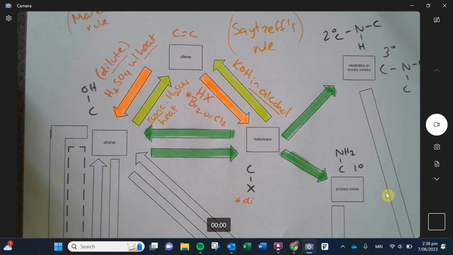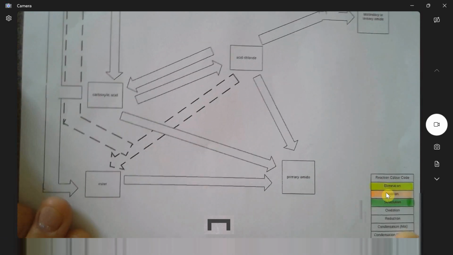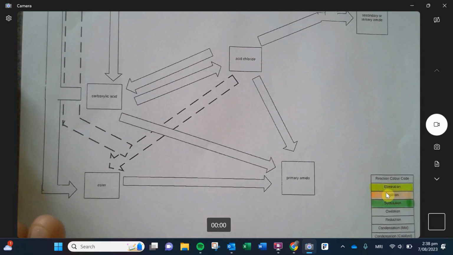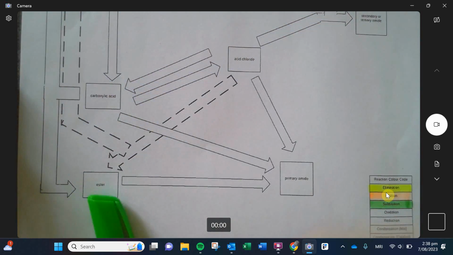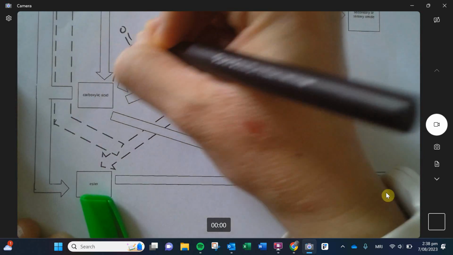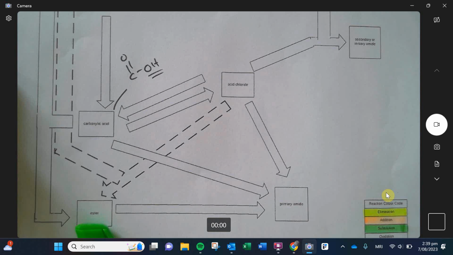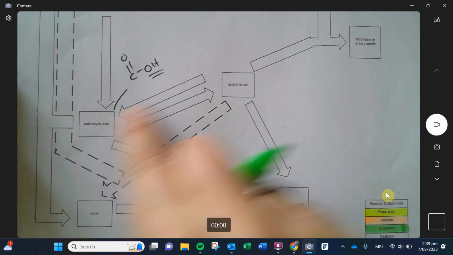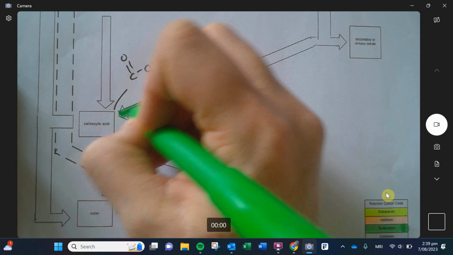And then the other place you will see it is down at the bottom with our carboxylic acid grouping. So you'll see the carboxylic acid, which is our C double bond O OH. That OH can get swapped for other things. So if I swap out that OH and I add a Cl, then I get my acid chloride.